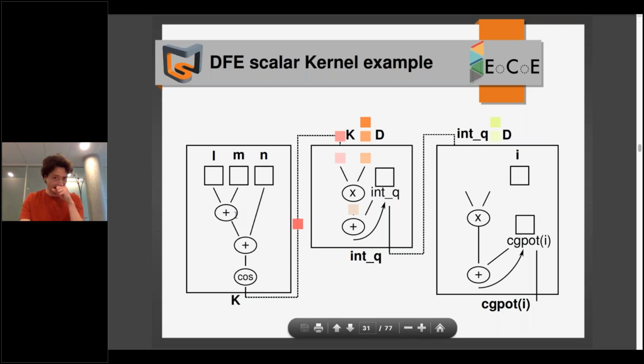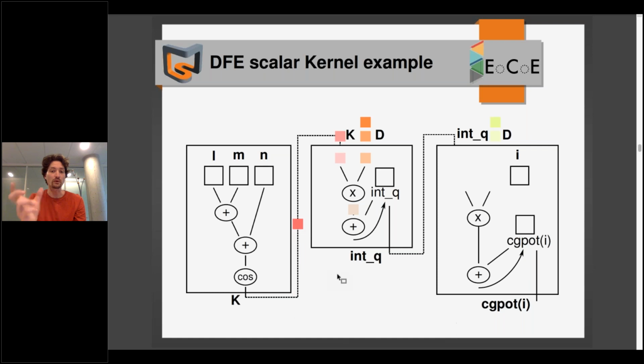At this moment, we are done with the first kernel, which has finished its work. All the data that has been produced are sitting between the two kernels in buffers that are automatically added by the software chain.